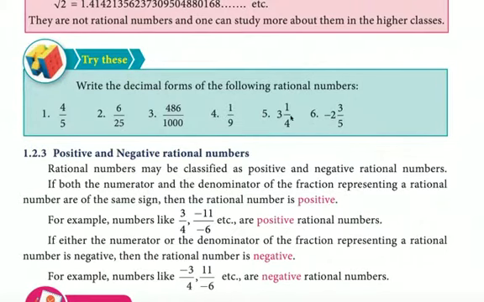This one 13 by 4. 4 3s are 12, right? 4 2s are 8. 3.25. Now this is 13 by 5. 2.6.